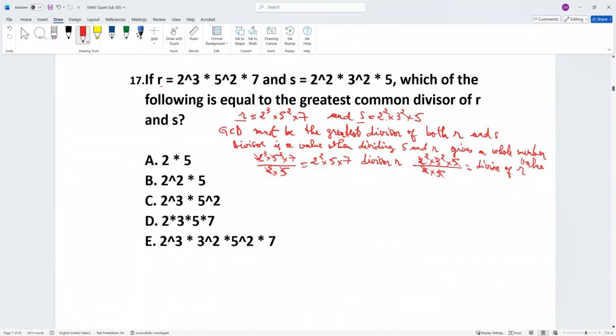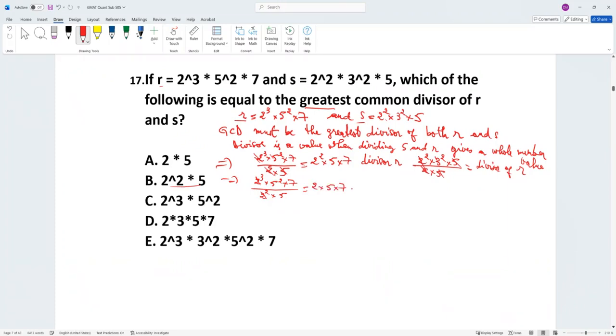Because it says the greatest common divisor. So we are going to look for the other options. So this option here, we will also see that this times 5, 2 times 7, 2, 3 times 5. Yeah, it's going to give us actually 2 times 5 times 7.